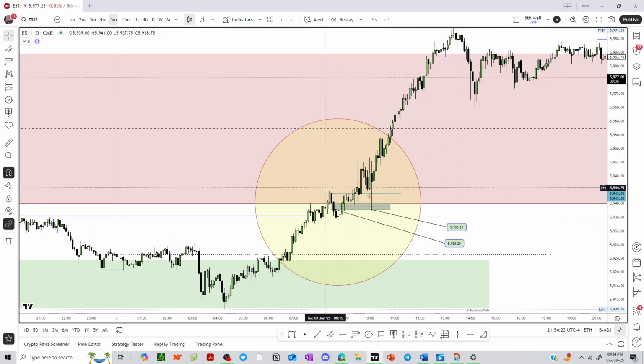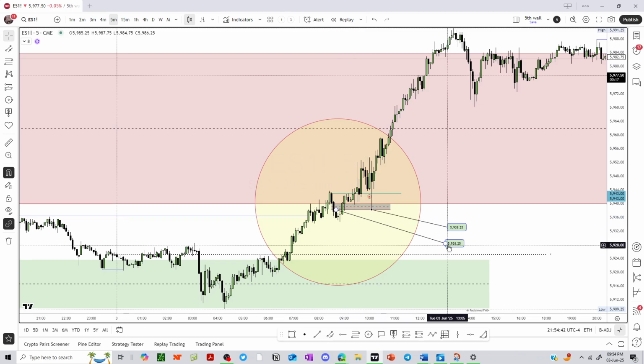But anyway, this is actually a breaker too. If you want to use the breaker, use the breaker. Got an inverted bearish fair value gap down here. And the reason why I highlighted that, because this would be the low of the fair value gap, 5938.25, and this would be the low of this swing low, 5938.25.